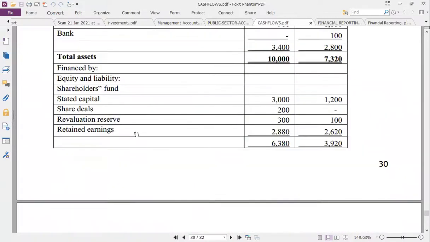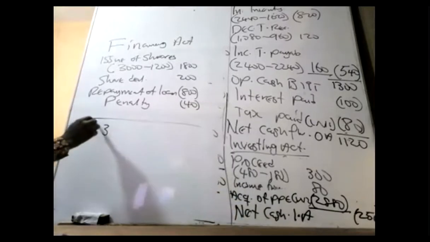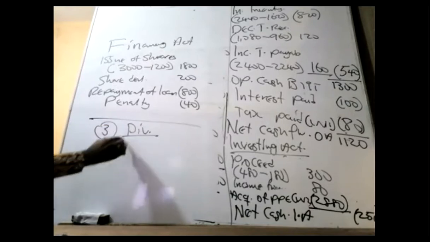Let's go and copy the dividend workings, number 3, dividend. Start with the opening balance of the retained earnings.